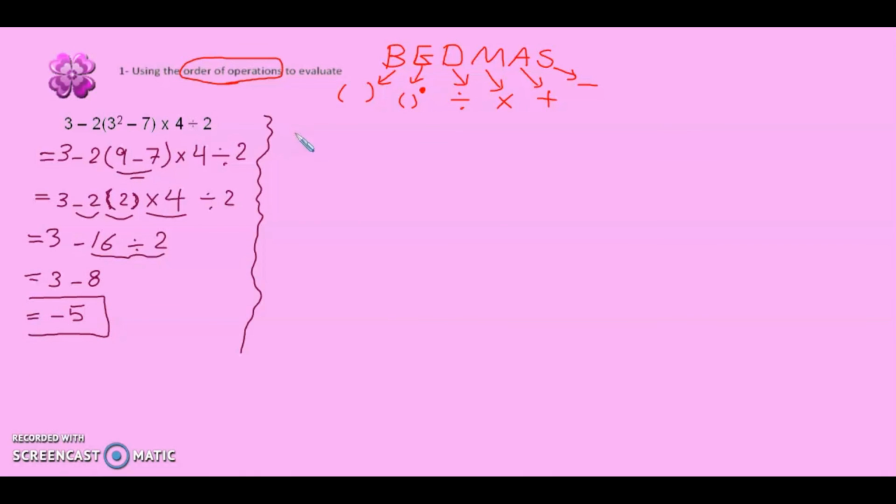Next example: negative 3 to the 4, plus negative 2, minus negative 4, let's say raised to the 3, and then plus root 16. Okay, we are going to answer this question.